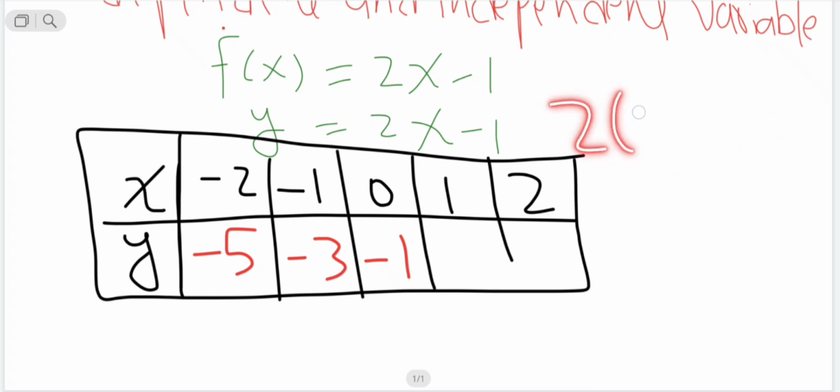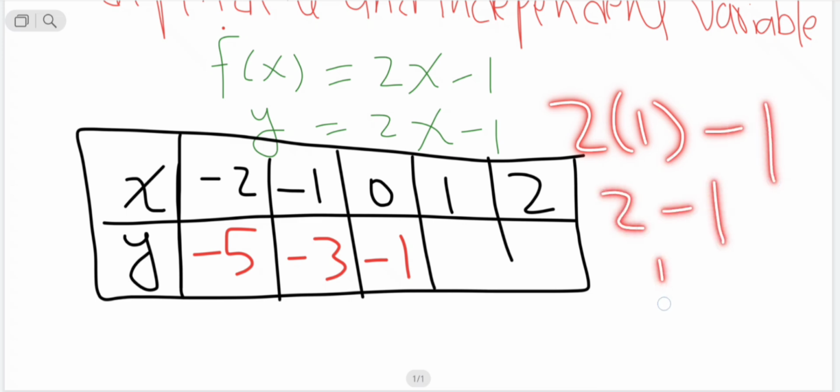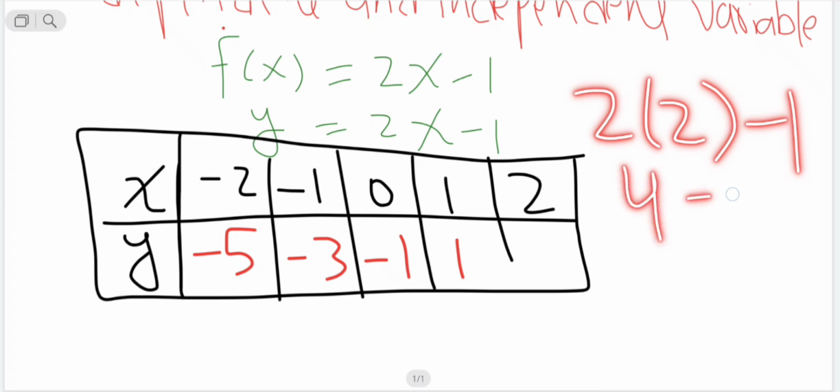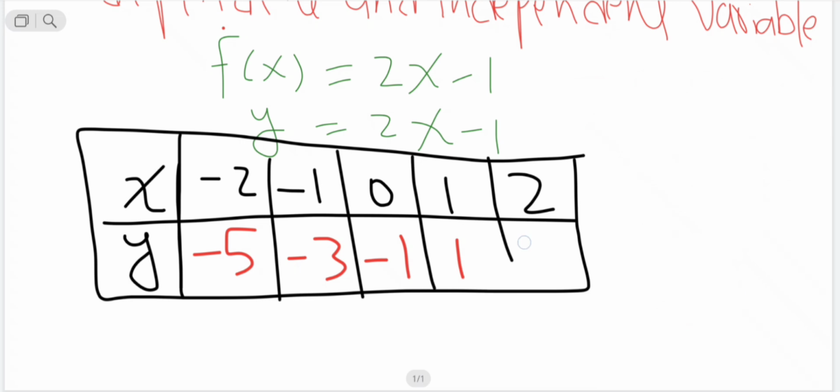So 2 times 1 minus 1, so 2 minus 1, that is equal to 1. So if x is 1, y is also 1. Then if x is 2, we replace x with 2, so it will be 2 into 2 minus 1, 4 minus 1, that is equal to 3. And if x is 2, y is 3.